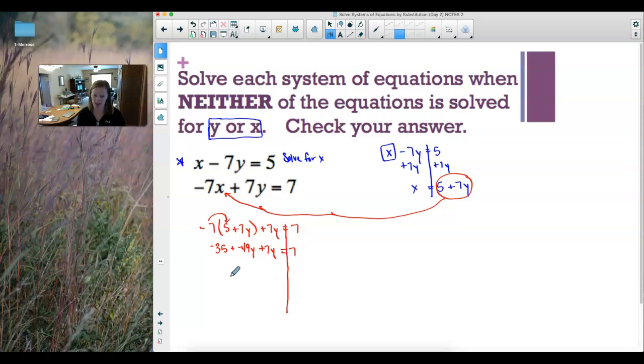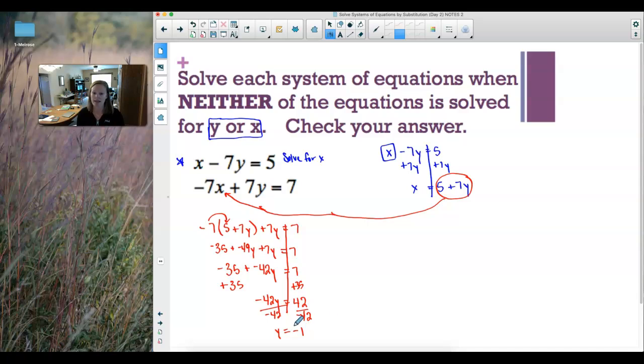Then we can combine like terms, so we have negative 35 plus negative 42y equals 7. Now I can add 35 to both sides to finish solving this. We have negative 42y equals 42, and then divide by negative 42. So y equals negative 1.